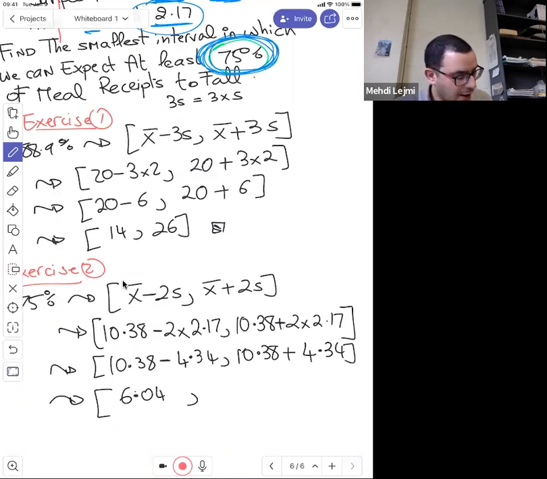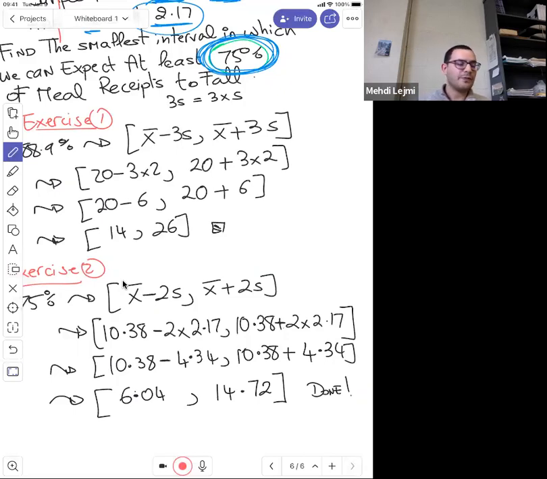Now on the upper bound, I think it's 14.72, if I'm not mistaken. So yeah, and then you're done. Okay. So that's the Chebyshev interval corresponding to 75% in this problem.